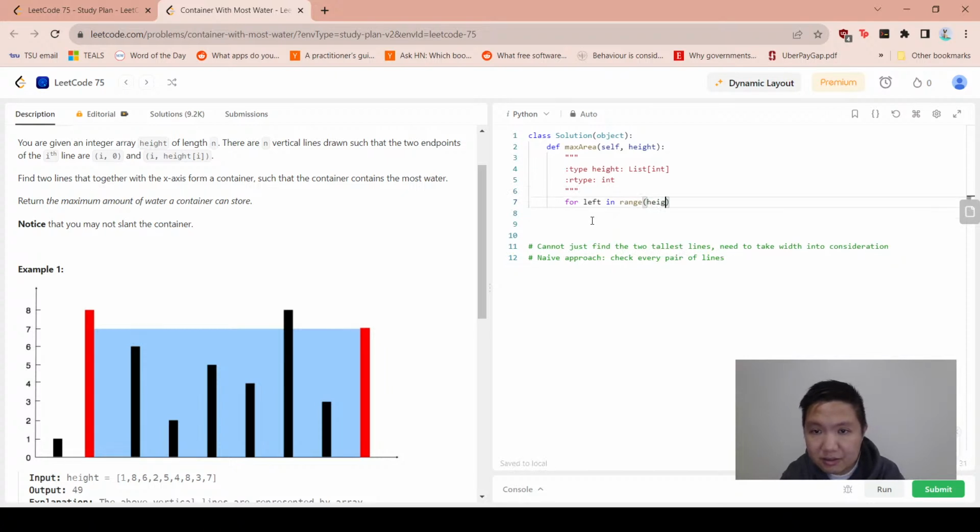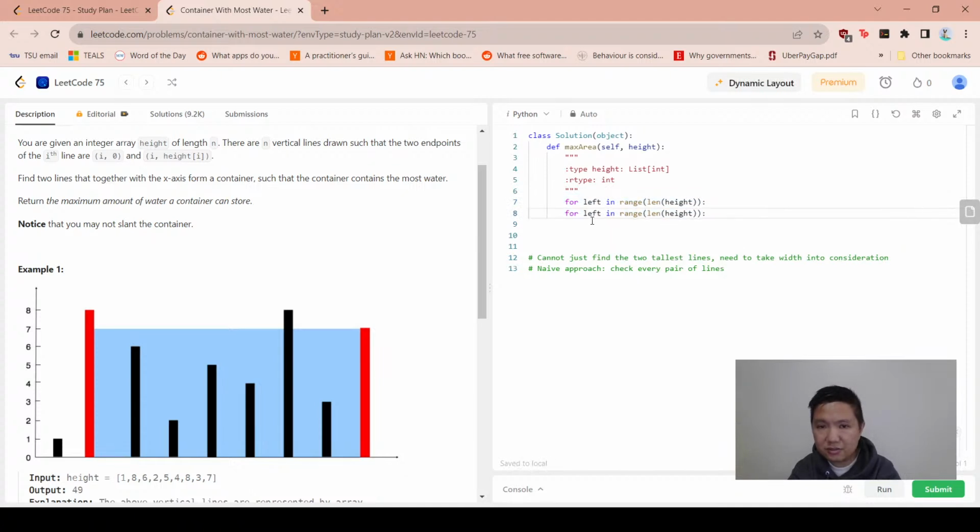So height, length of height. So we're going to iterate over all the lines in height. So we take left in range, length of height, and right in range, left plus 1 to length of height.